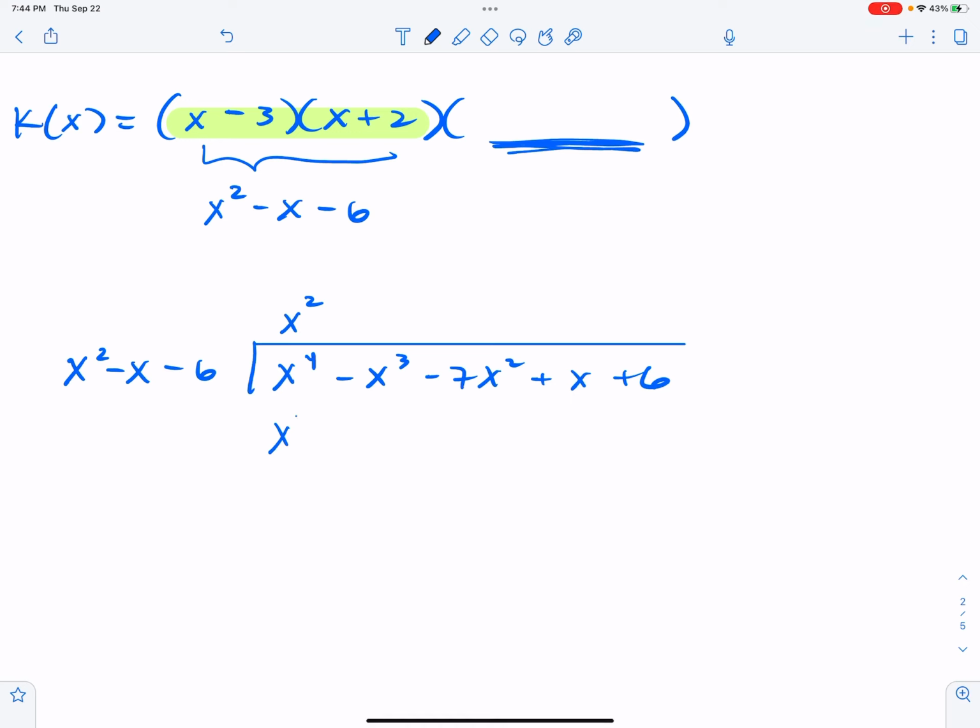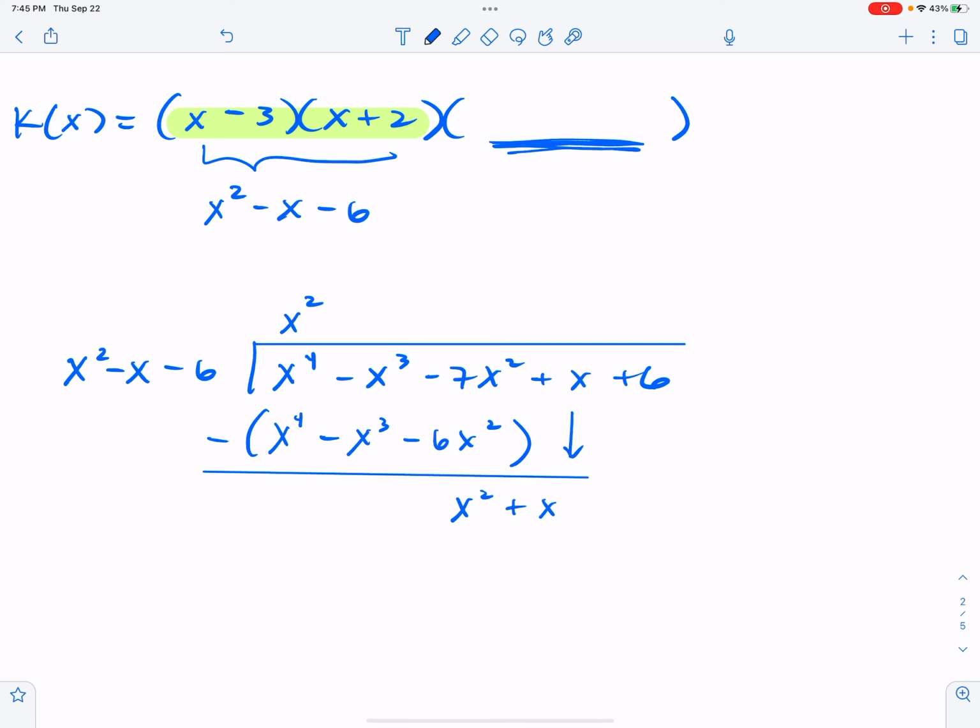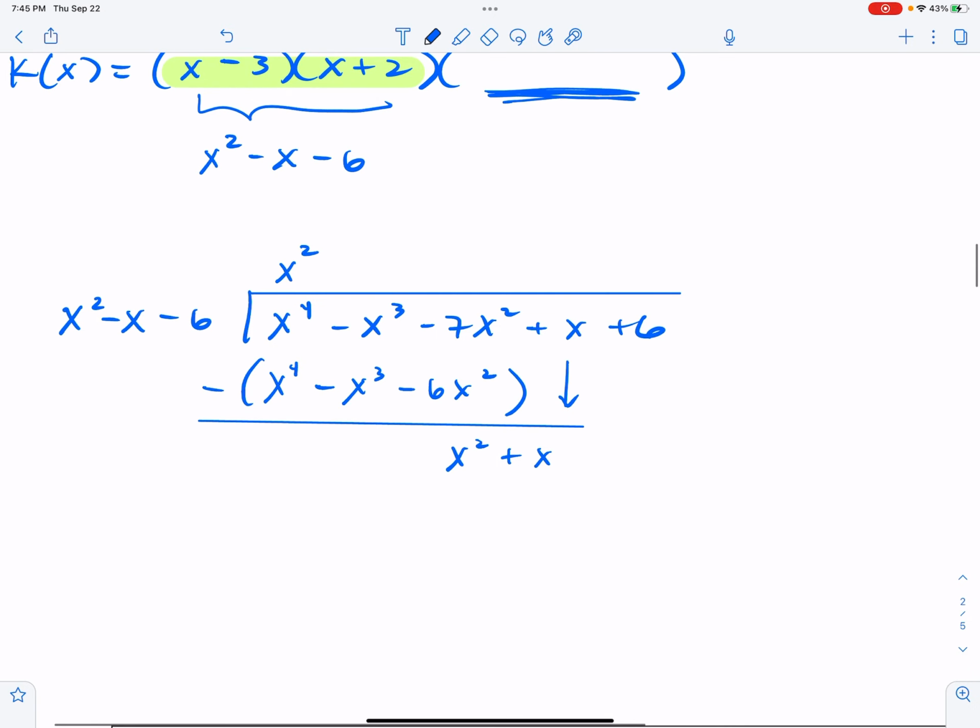Distributing, minus x cubed minus 6x squared, and subtracting, that would end up being 0, so negative 7x squared, and then bring the plus x down. We could bring the plus 6 down too if we want.